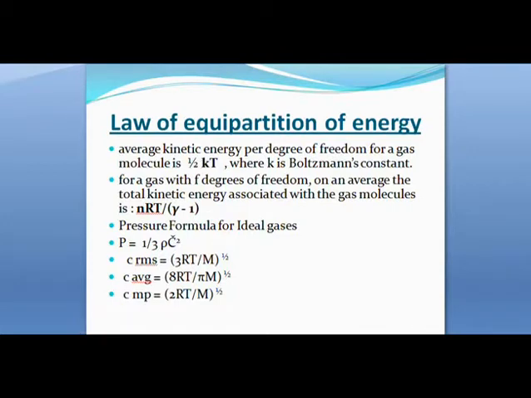Now we will derive the pressure formula for ideal gases. Let's see this animation first. So here we have an ideal gas which is confined in a container. This is one of the gas molecules.